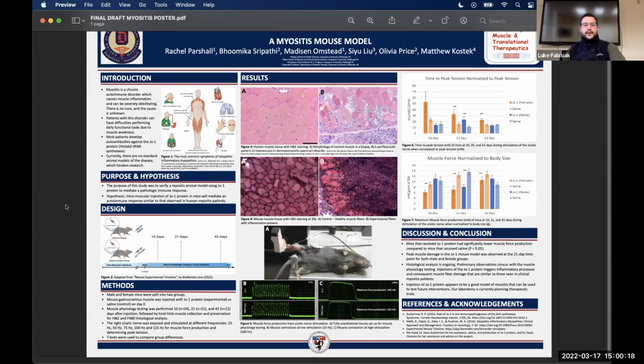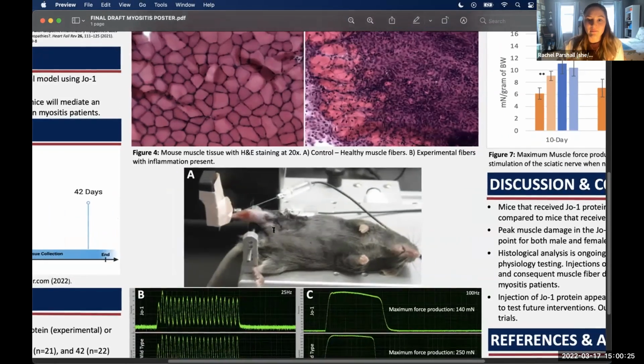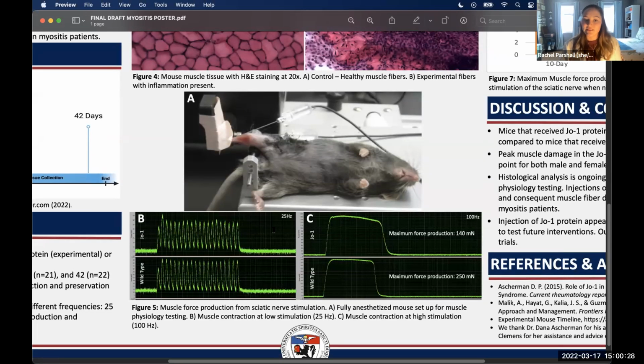As you can see down here, when we had the fully anesthetized mice set up in this situation, it was interesting, and probably my favorite part of the process was having that sciatic nerve stimulation. We had it hooked up to the computer, and we tested at all these different frequencies, making sure that Maddie, who had the, I don't know what it's called.